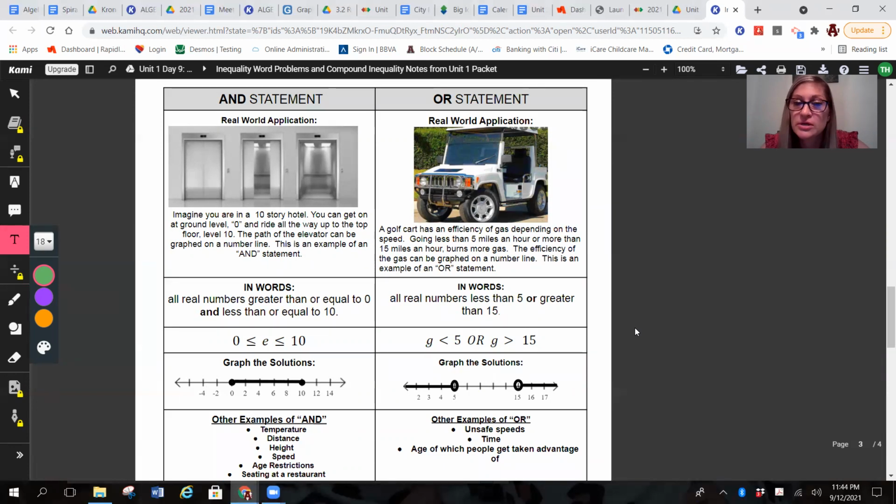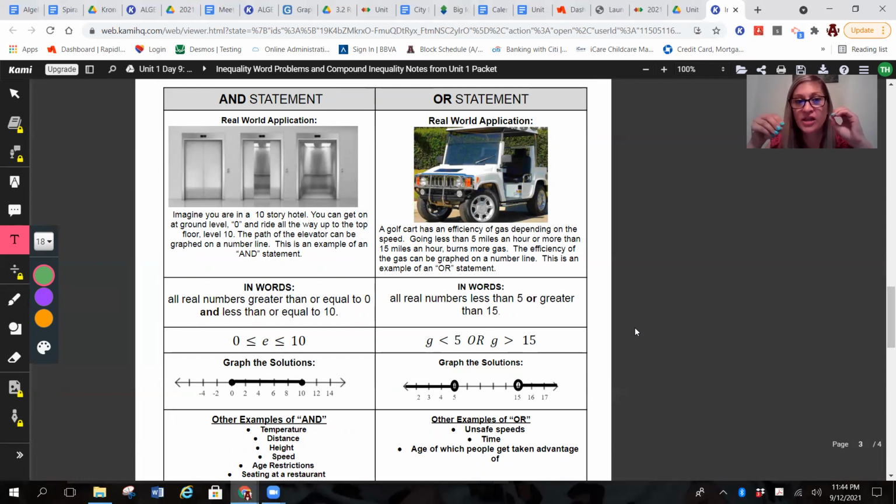So our and statement talks about a range of numbers between the smallest number it could be and the greatest number it can be. Okay, in this hotel, when people walk into it, they're on floor 0, ground level.